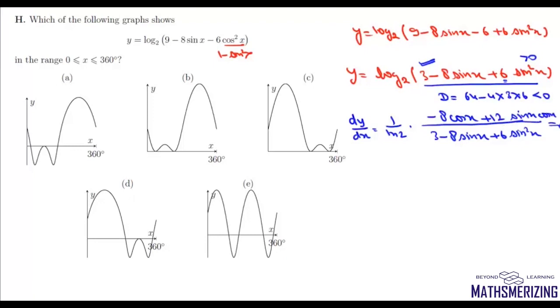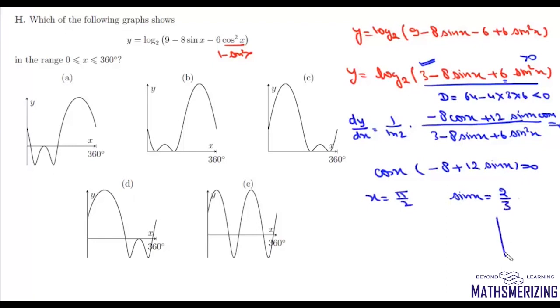Now if we put it equals to 0, we get cos x, and here will be this minus 8 plus 12 sin x equals 0. Now cos x is 0, means x is pi by 2, and here we get sin x equals 8 by 12, which is 2 by 3.